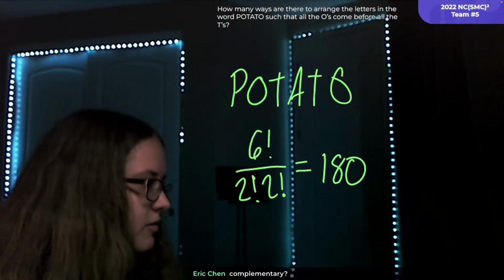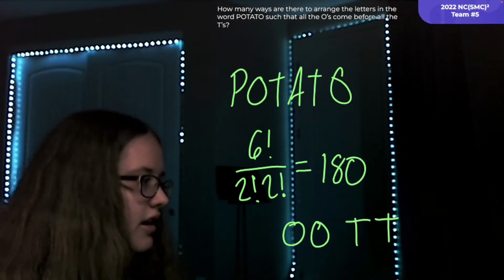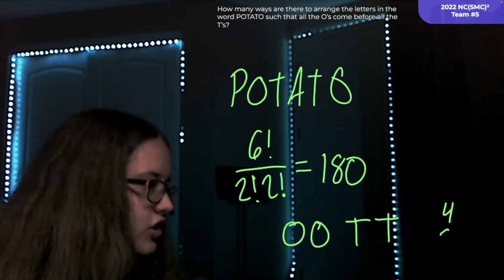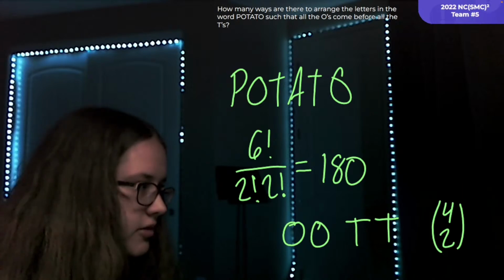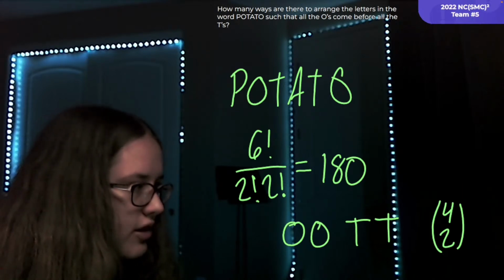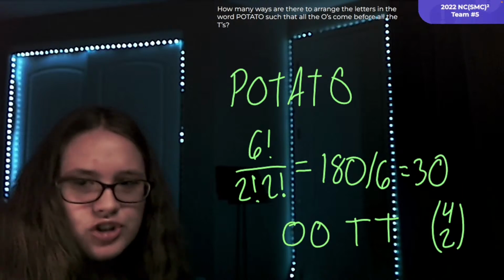Now, in terms of where the O's and T's end up, there are 4 choose 2 ways for them to be relatively ordered, but only one of them has the O's before the T's. So I think if we divide this by 6 and get 30, that should be our answer.